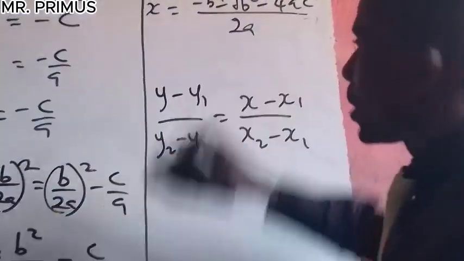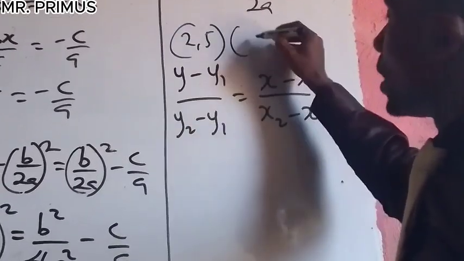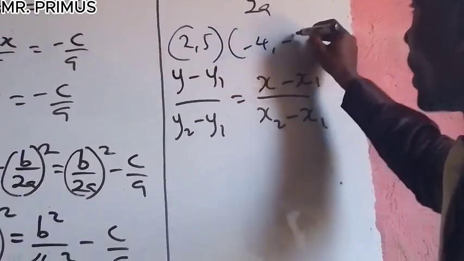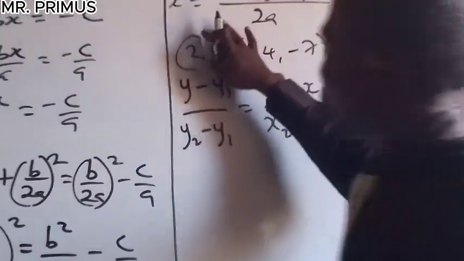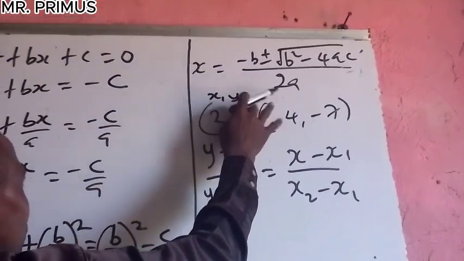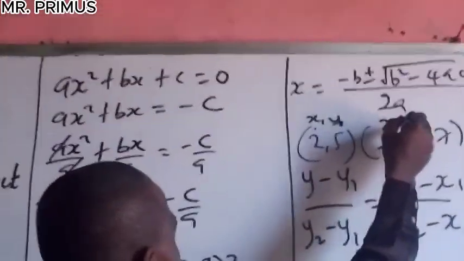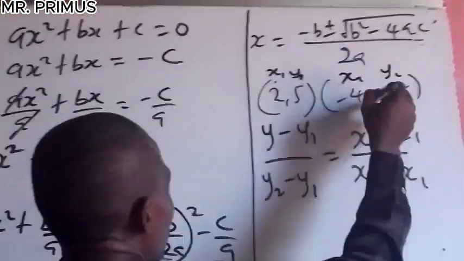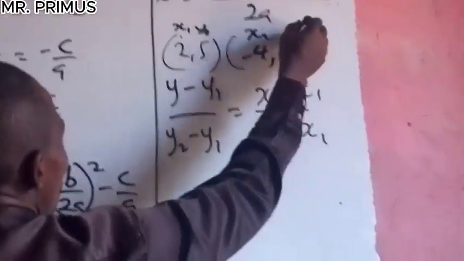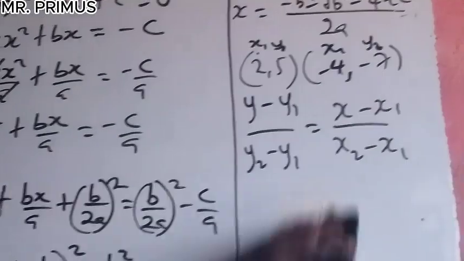Look at what you have there: 2 and 5, then minus 4 and minus 7. So x1 is 2, y1 is 5, x2 is minus 4, y2 is minus 7. Let's fix this. This is the formula for the equation of a line.